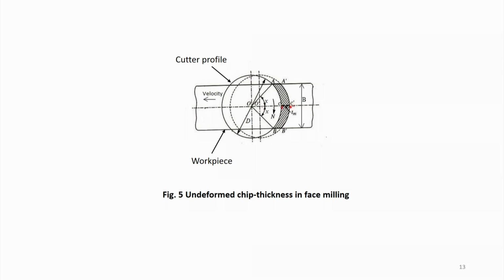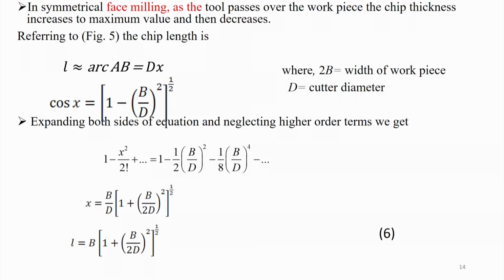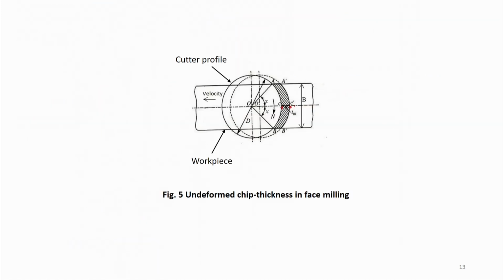So this is the maximum T_m, and this is B prime. So in symmetric face milling, as the tool passes over the workpiece, the chip thickness increases to a maximum value and then decreases. Okay, so the tool is passing over the workpiece.